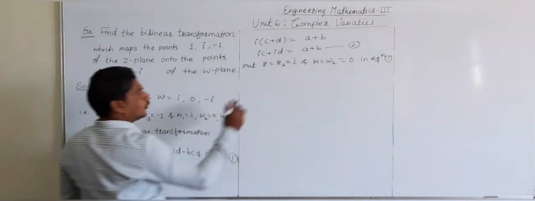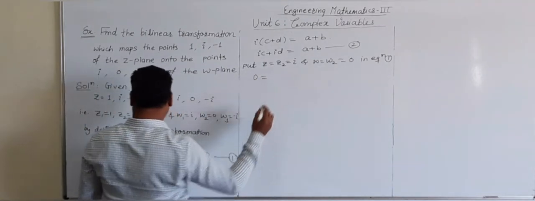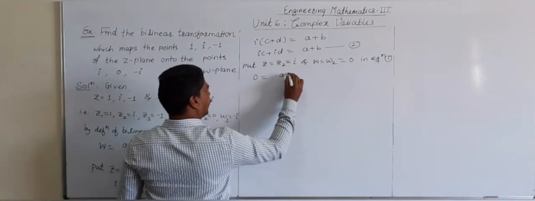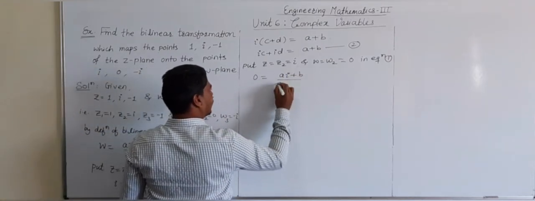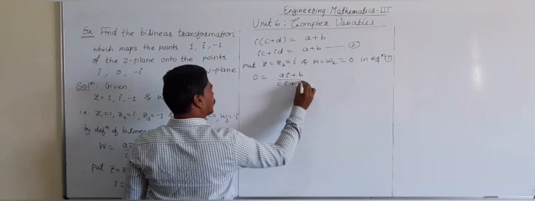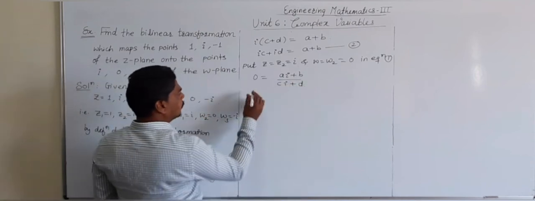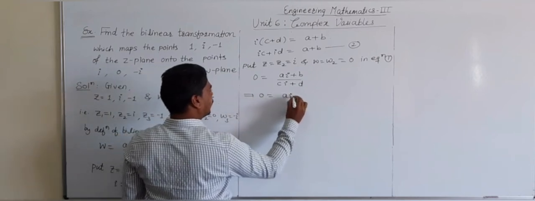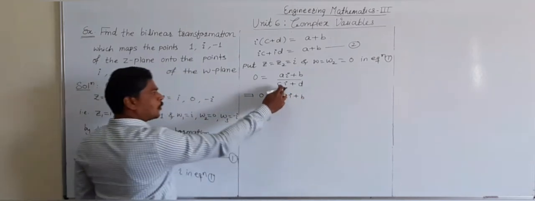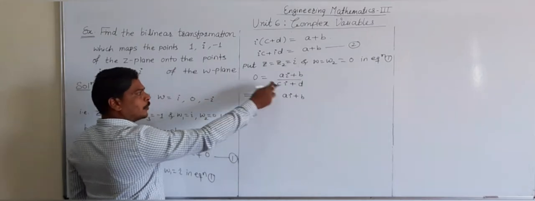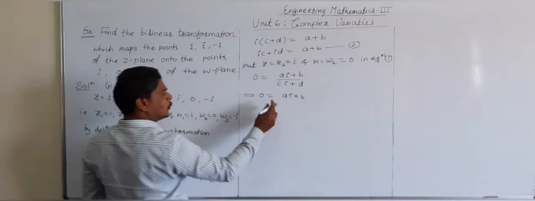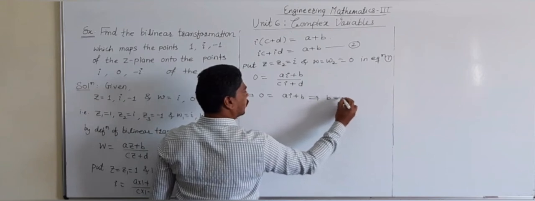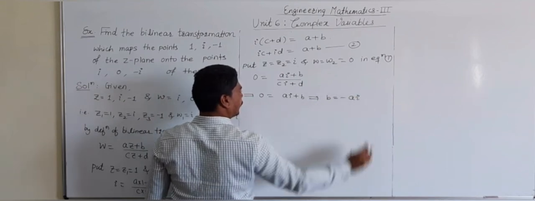We get value of w is 0 equal to a into z, value of z is i, so ai plus b divided by ci plus d. So simplifying this, we get 0 is equal to ai plus b. After shifting this denominator toward the right side, 0 into this denominator becomes 0. So in that way we get the value of b is equal to minus ai.